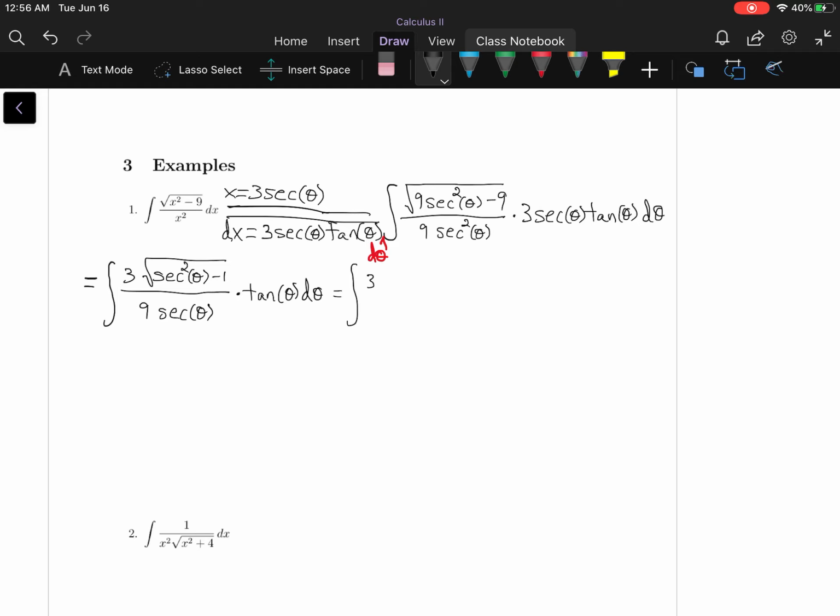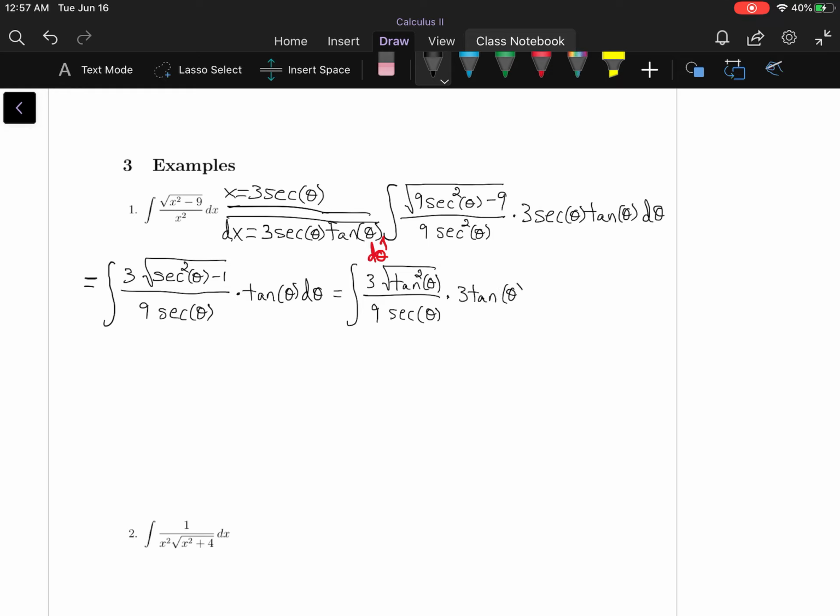So this is 3 times the square root of tan squared theta over 9 secant theta times 3 tan theta.